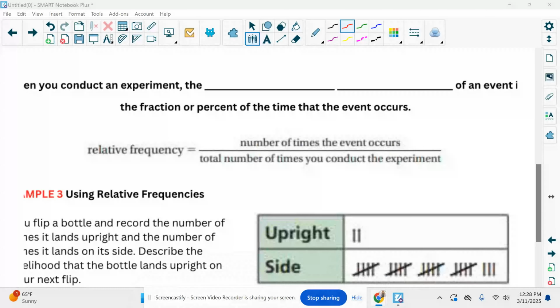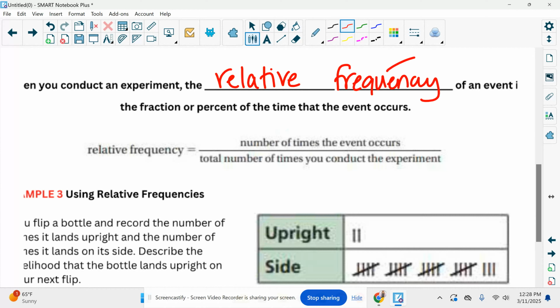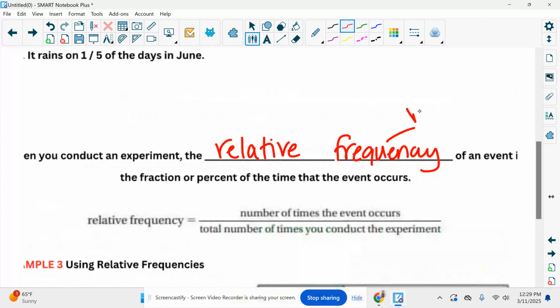Alright, so today we're going to finish up 10.1 talking about relative frequency. And frequency is how often something occurs or happens.